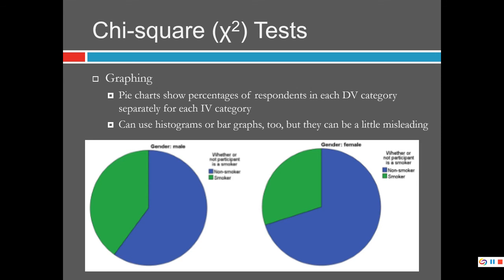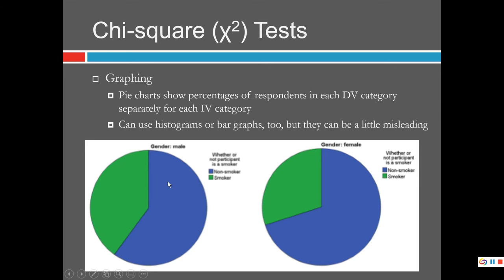So frequently the best way to do this is by showing pie charts, because these things are adding up to a whole, right? Unlike in a different type of experiment where you are comparing separate groups that don't add up to a whole. Usually with chi-squares, there's some percentage that adds up to 100%. So it makes sense to show proportions of things when you're graphing those.